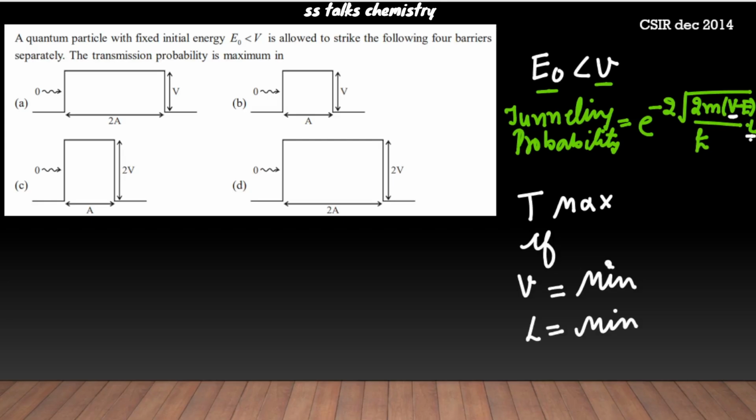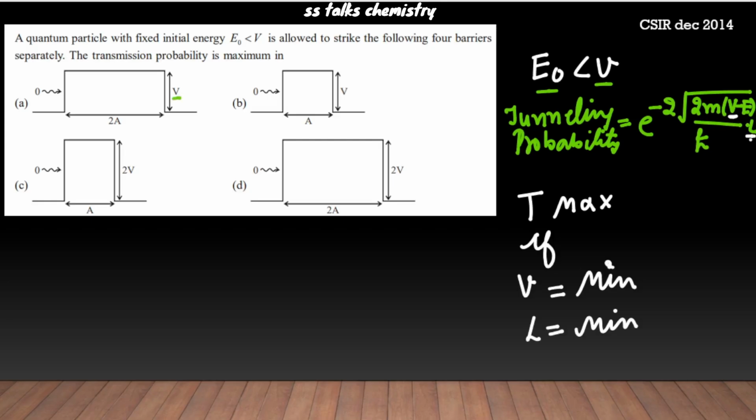Whereas if we decrease the L value, the exponent is a small negative value, so the tunneling probability is going to be increasing. So these scenarios will be there.